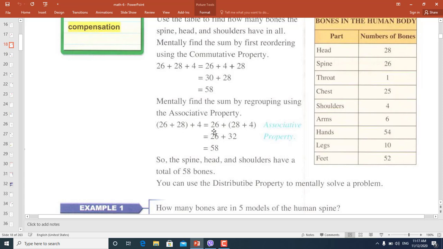So we write 26 plus, and we make 28 plus 4 in parentheses. We bring down 26 and add the numbers in parentheses: 28 plus 4 is 32. After that we add these two numbers together: 2 plus 6 is 8, and 3 plus 2 is 5. This property is called the associative property.